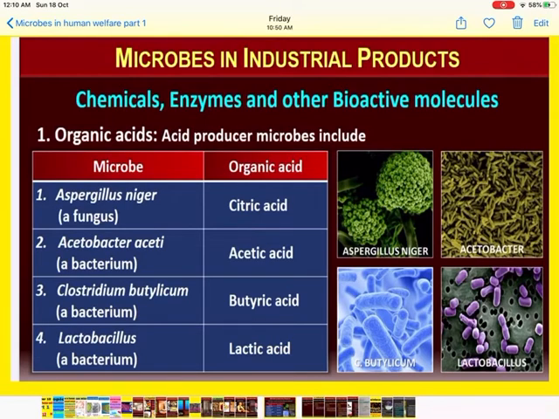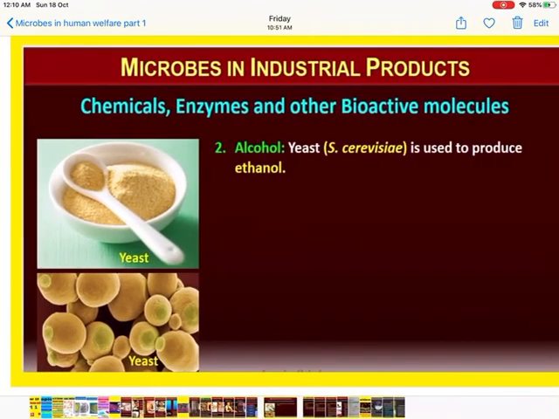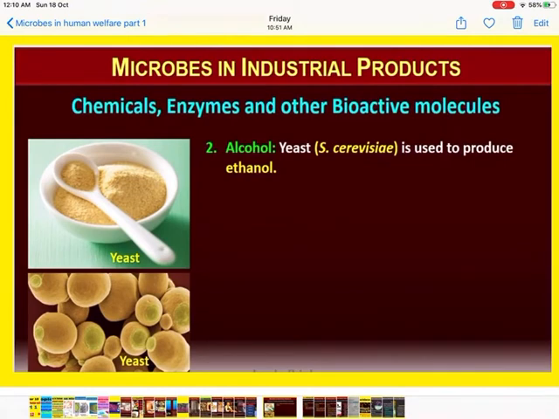So, various organic acids are made from different microbes. You have to remember the names of microbes as well as the organic acid produced by them. Next, alcohol is produced by Saccharomyces cerevisiae, and this alcohol is ethanol.